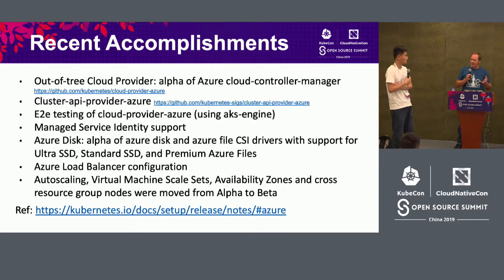Moving the cloud providers out of tree into their own repositories allows the different cloud providers to have their own release cycles, but it also forces us to pay a price, which is that we have to deal with the compatibility matrix and the testing. So how do you version a cloud provider independently from the Kubernetes release? That is all work that's ongoing in the SIG Cloud Provider group.